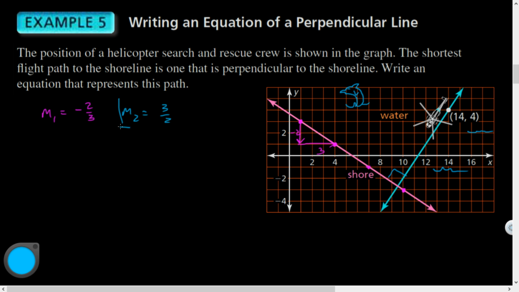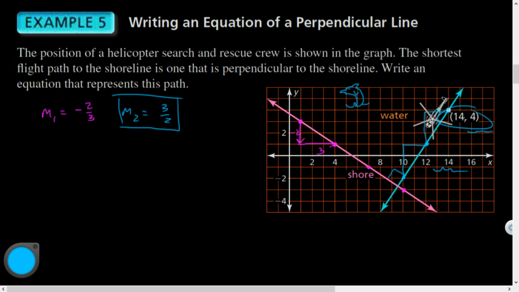Flip it and change the sign. Opposite reciprocal, negative reciprocal, all sorts of options. And notice I could actually have tested that: here's one of the points they gave me, here's another point on the line, up 3 and over 2, and up 3 and over 2. Perfect. So it appears as though our prediction is correct.